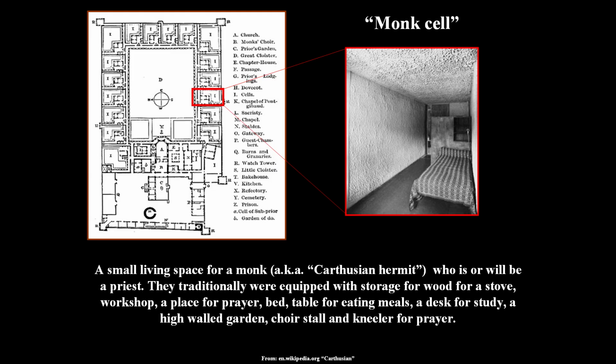They traditionally were equipped with storage for wood for a stove, workshop, a place for prayer, bed, table for eating meals, a desk for study, a high-walled garden, choir stall, and kneeler for prayer. So that's what a monk cell is. That's where he got that word.